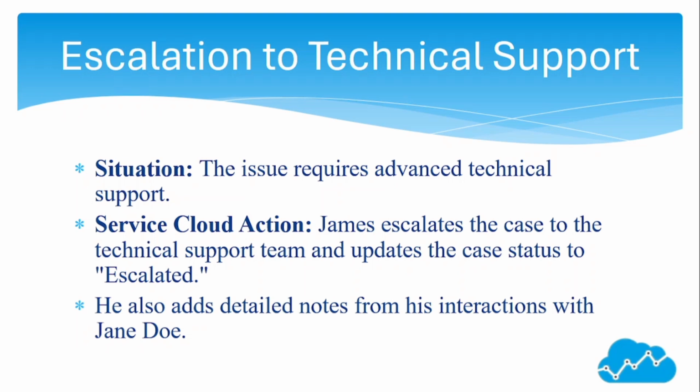So in this case, what is going to happen? He also adds detailed notes from his interactions with Jane Doe. So all the discussion that happened with Jane Doe, James Smith makes a note and he escalated that particular case.